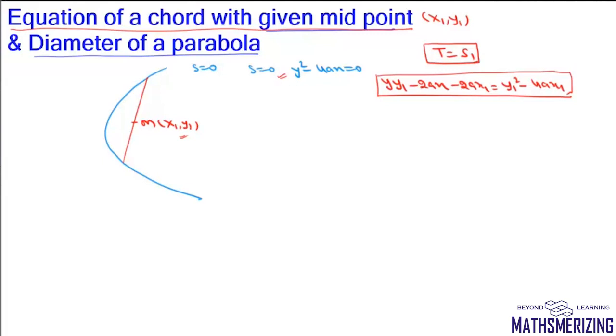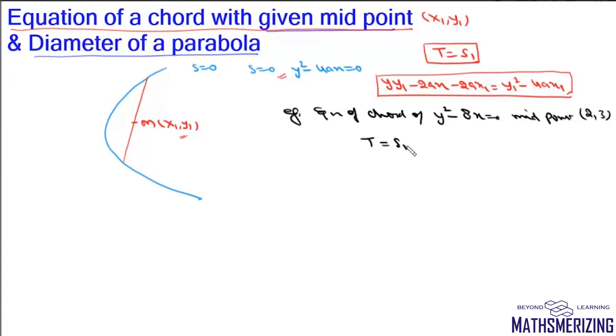For example, suppose we have to write the equation of the chord of the parabola y square minus 8x equals 0, whose midpoint is, say, (2, 3). We know that this equation is given by T equals S1.